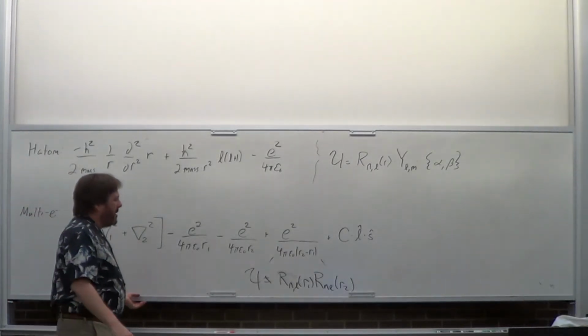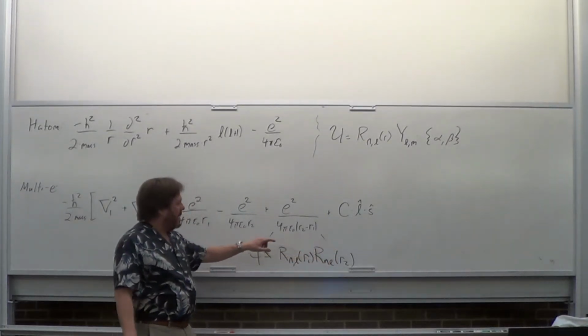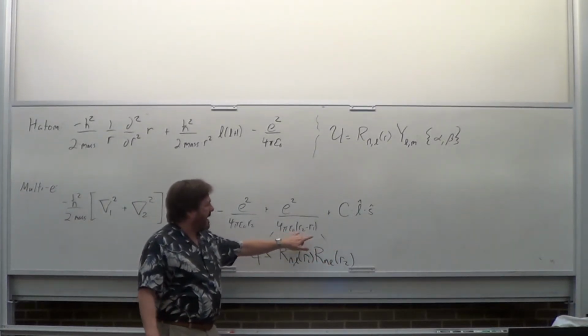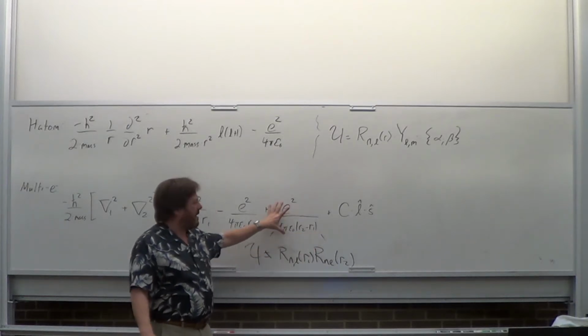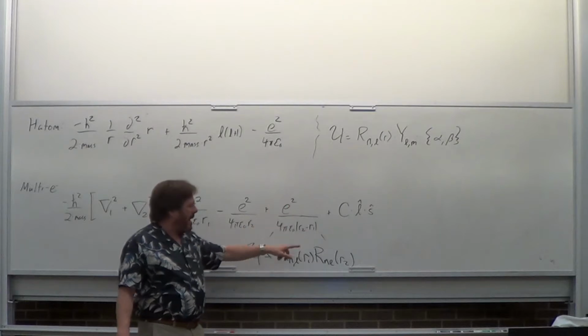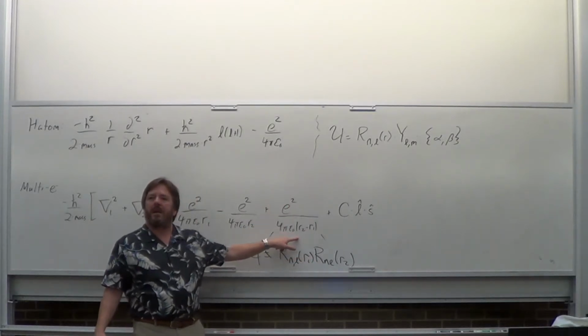Think about this, here's a stark example. Let's forget about this absolute value; that can get a little confusing, but just look at this term. If I apply a separated wave function, do I have an eigenvalue problem?